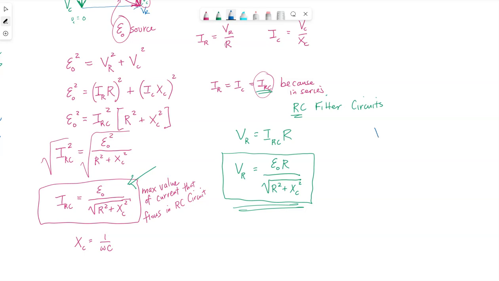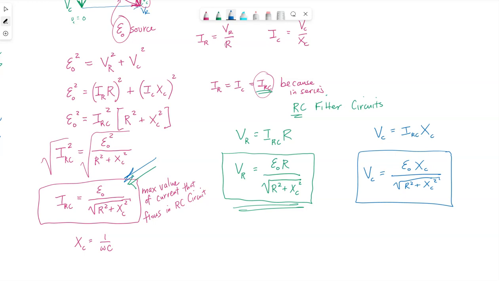The capacitor, recall, is the current flowing through it times its capacitive reactance. Well, the same current's flowing through it, so if we just plug in that current and then multiply by XC, this will give us the peak value of the voltage across the capacitor.